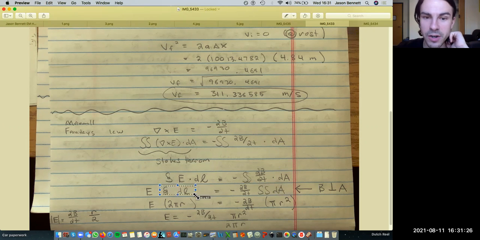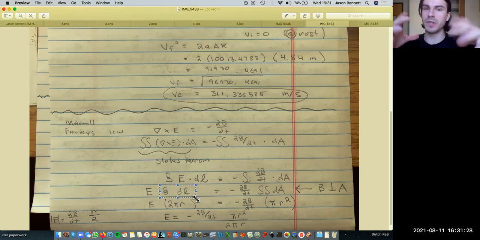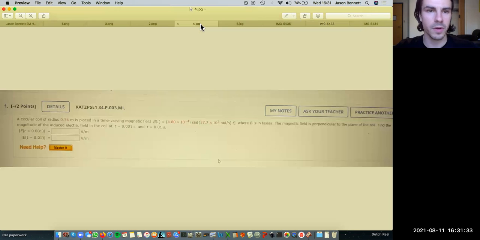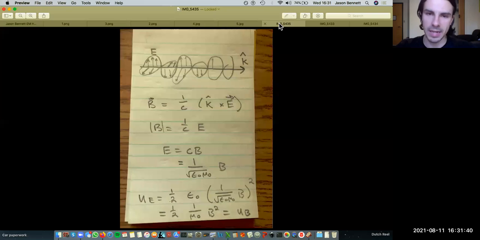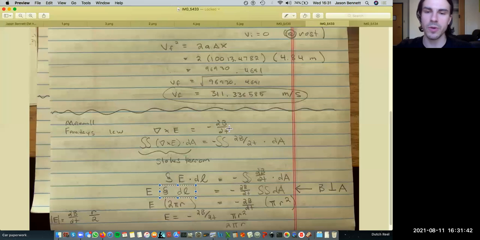And similarly over here, because I'm using a circle for each of these, based on the circular coil. In the last few sessions we did Gaussian surfaces. Now we can do Amperian loops or Amperian pillboxes, or I guess what would it be in this case, because it's not Ampere's law, it's Faraday.